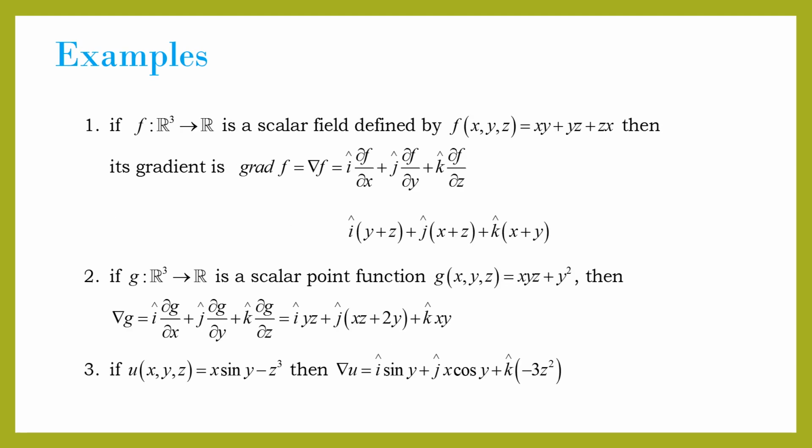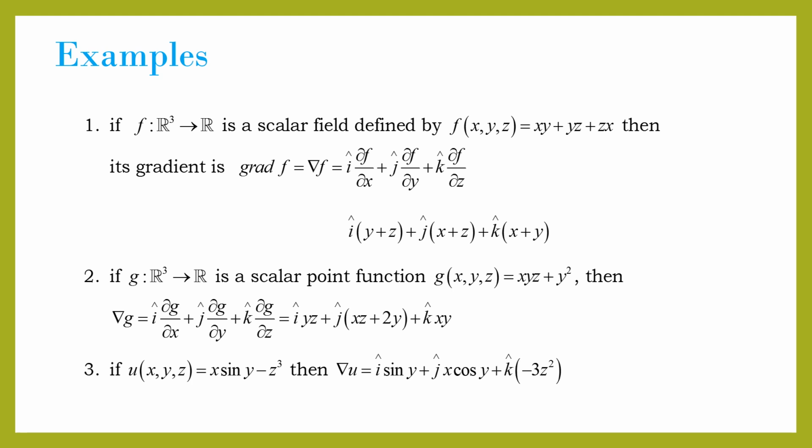Let's see a few examples. As a first example, let's consider a scalar point function on R cube given by the formula f of x comma y comma z equals xy plus yz plus zx.